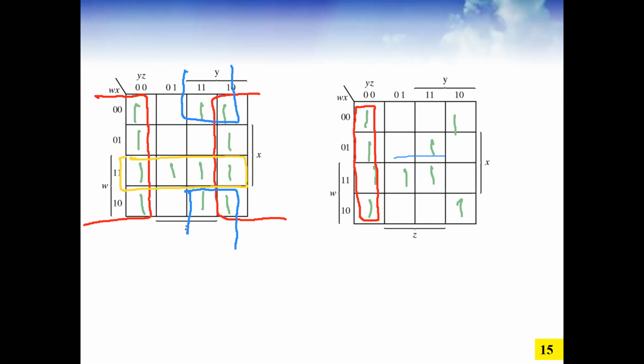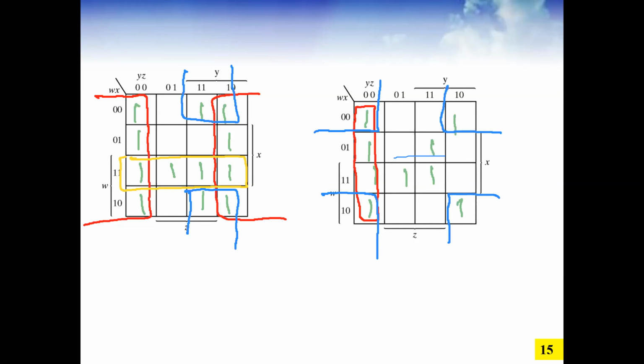That is, this one from this corner, from this corner, from this corner, they can combine together as a single group. Four corner entries, a new thing for you. This is possible.